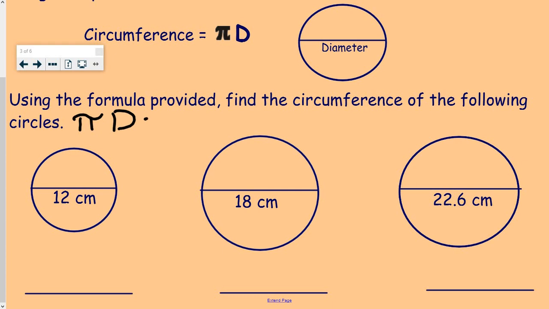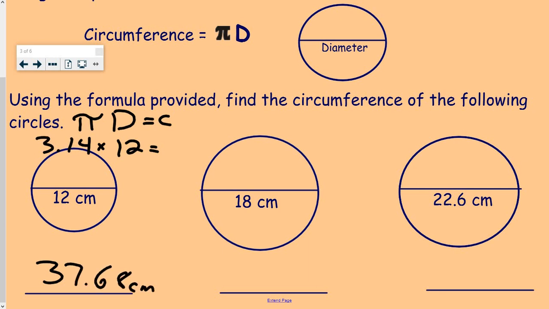That's the formula, equals circumference. So pi is 3.14 times 12 equals 37.68 centimeters. That's the circumference, which is the outside of the circle.